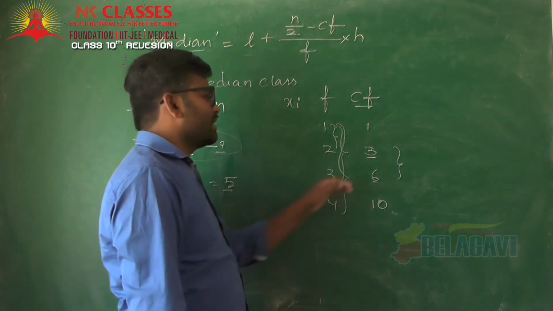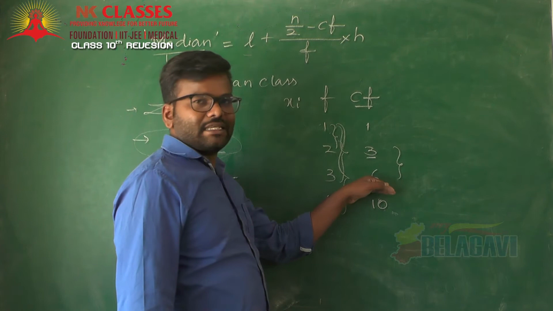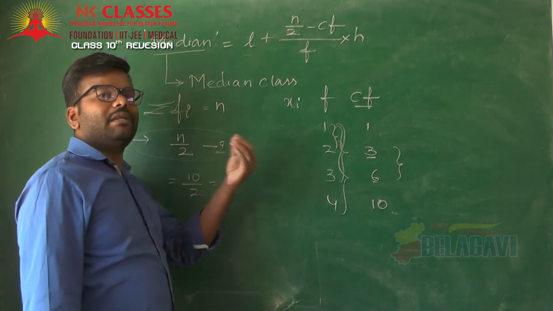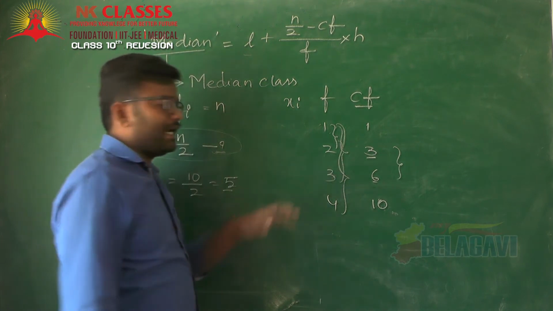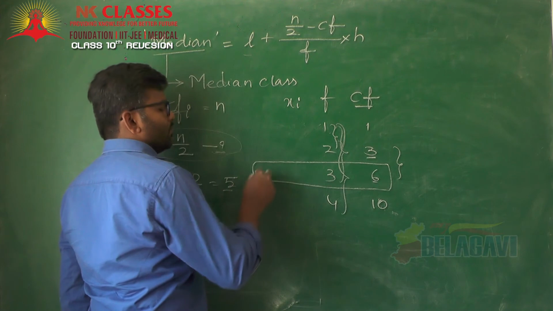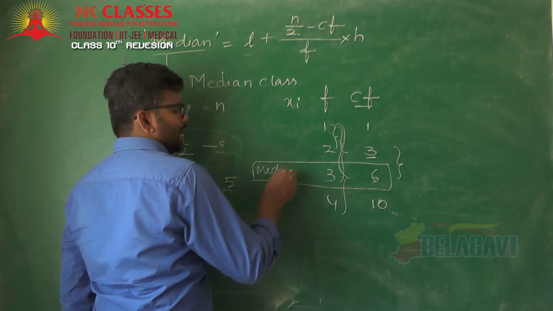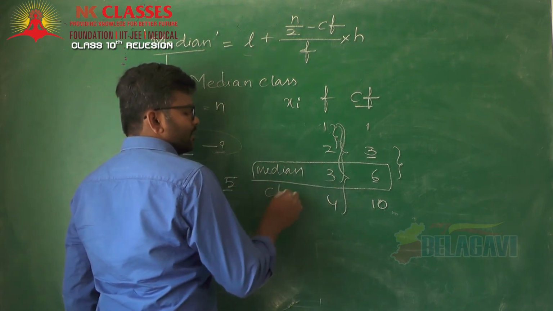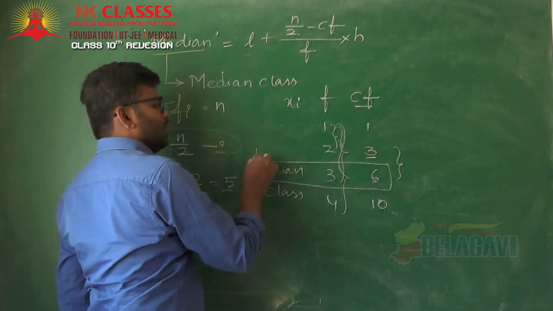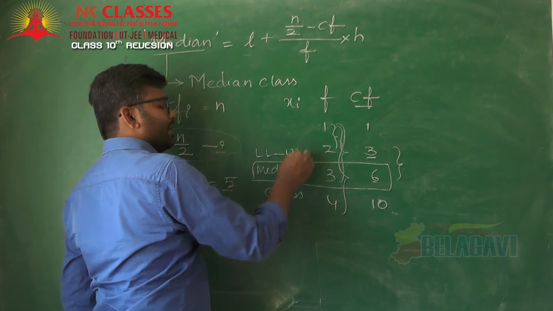So the value you should consider is 6, the value that is either equal to N by 2 or a little higher than N by 2. That class interval will be the median class. For this median class, we will have a lower limit and an upper limit.